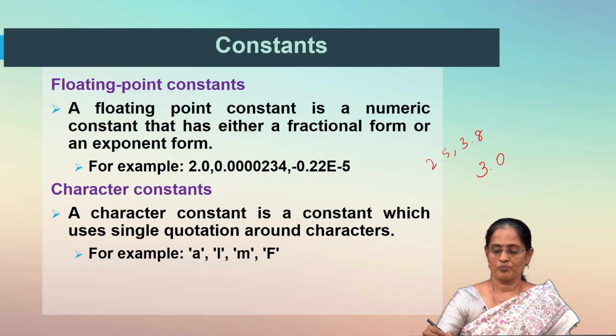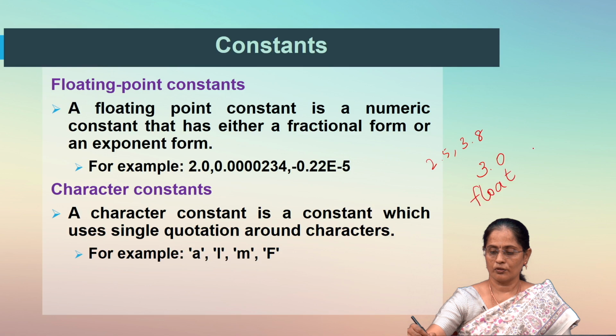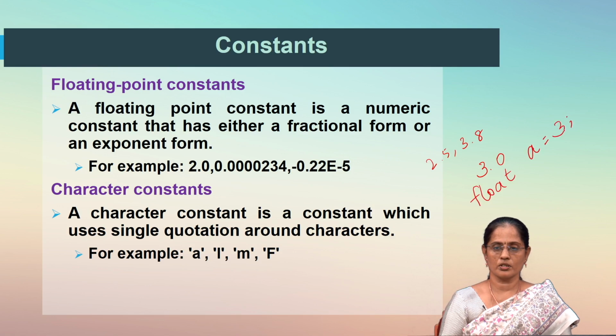So, with a floating point constant, the keyword to be used is float. If I am defining a variable with a constant value like this, then automatically A will take up the value 3.0. So, this is an interesting fact with C.